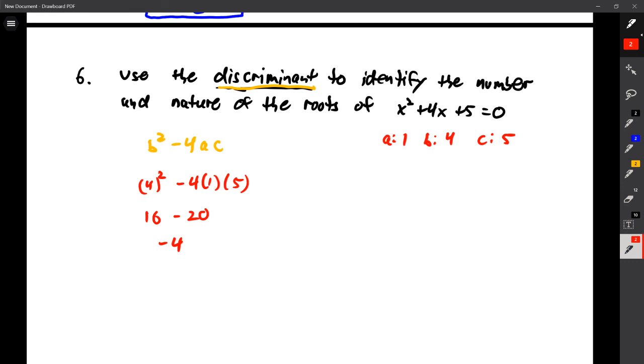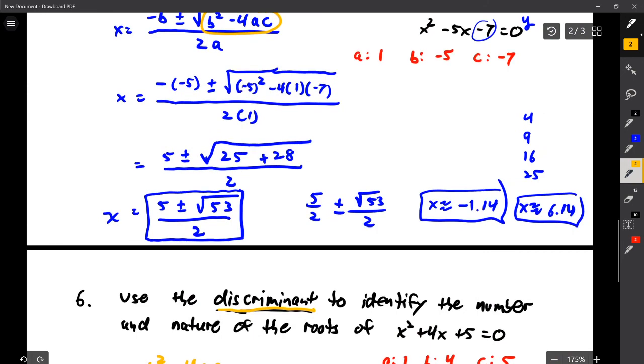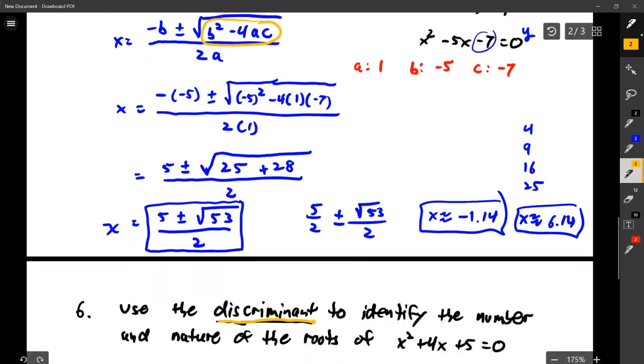So what we know is that if our discriminant, b squared minus 4ac, is less than 0, then we have two imaginary roots, because we have a negative inside that square root, and that gives us an imaginary value. So we're doing plus some imaginary value and minus some imaginary value.